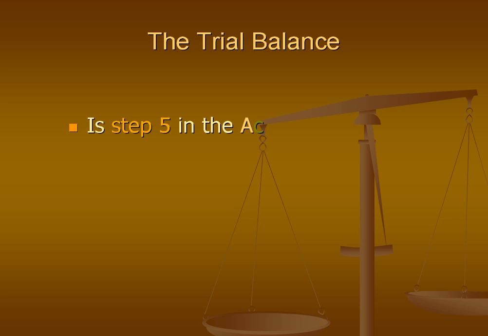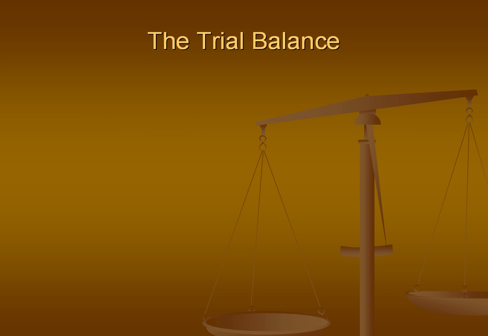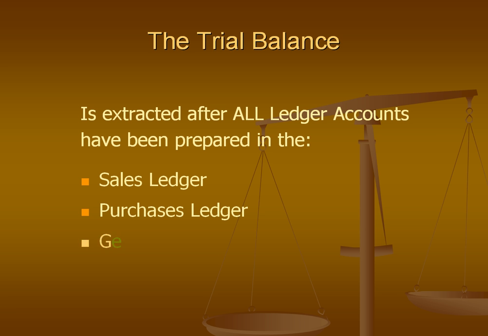The trial balance is step 5 in the accounting cycle. It is prepared in the general journal. The trial balance is extracted after all ledger accounts have been prepared in the sales ledger, purchases ledger, and general ledger.